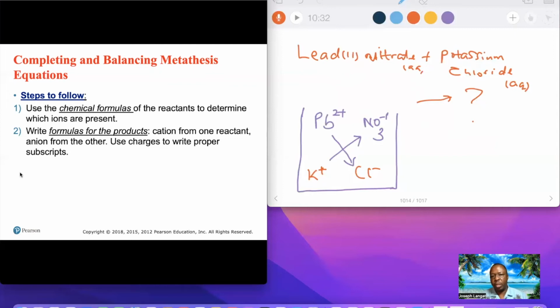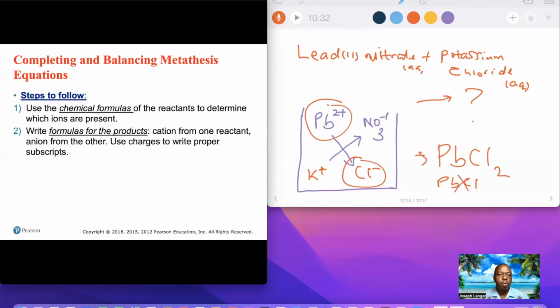What that means is that lead and chloride will form PbCl2 using the crossover rule. Otherwise, you risk writing PCl, which I see sometimes. This is wrong. Make sure you use the correct formula.